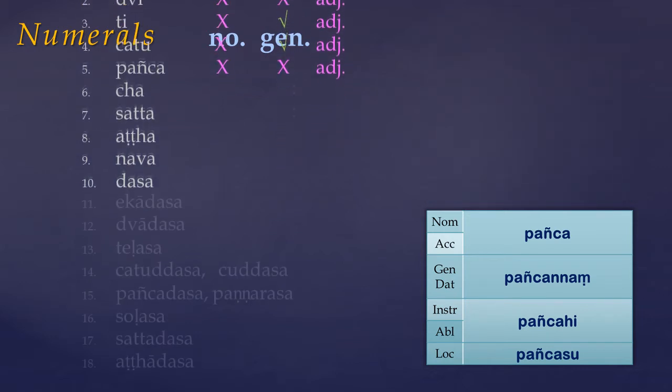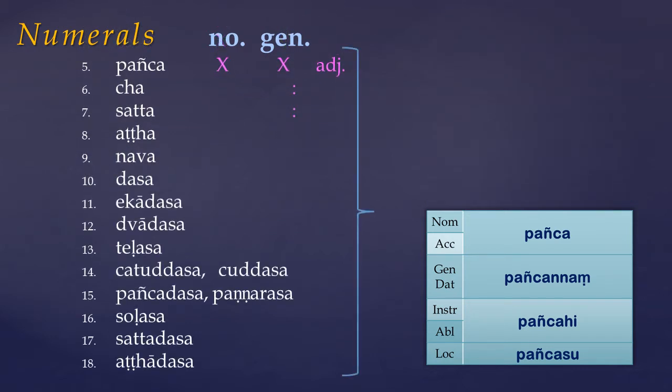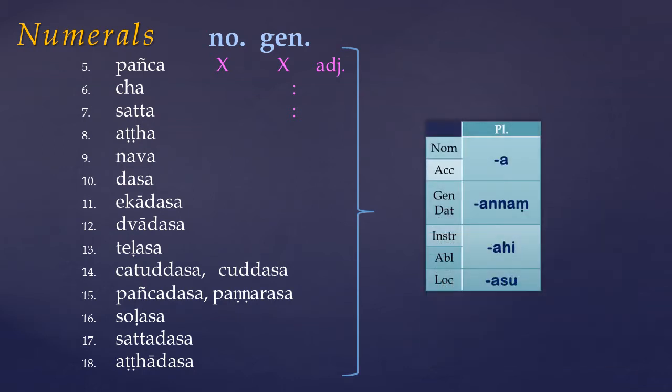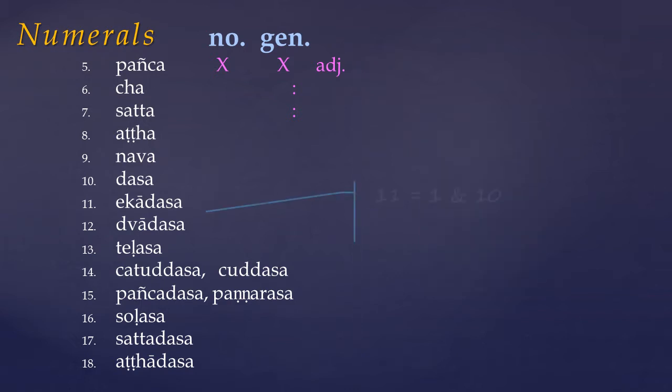The numbers 6 through 18 all decline like pancha, that is, all those that end with an a. Numbers greater than 10 are generally compounds in the form of 1 and 10, meaning 11. And note that the numeral 10 has alternate forms, being rasa and lasa, and these are only found in the compounds.